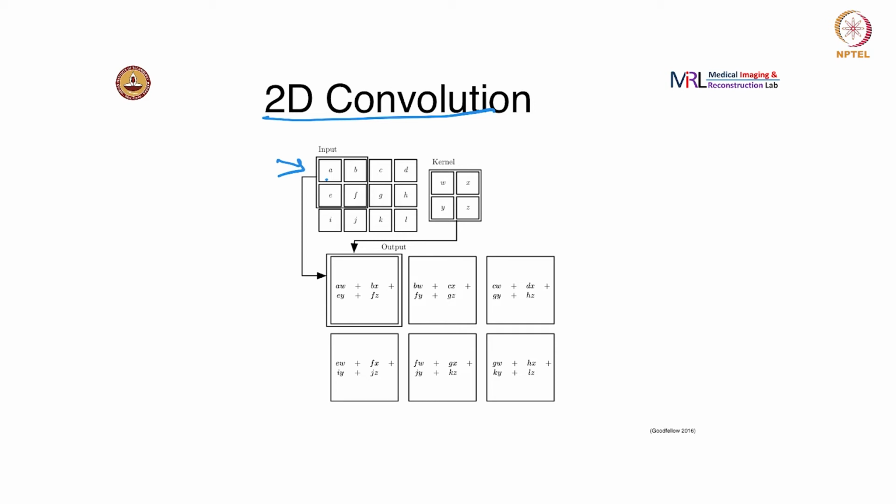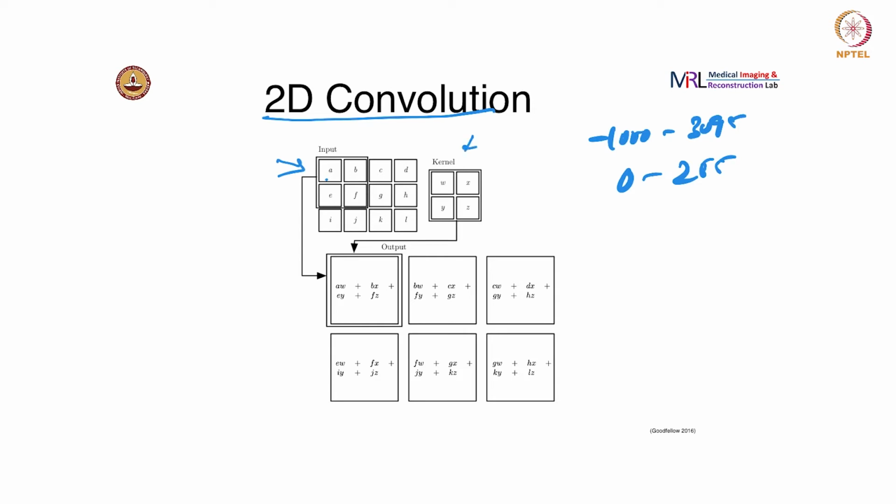Of course, if you take a picture or an image, each of these is nothing but the pixel values. We saw that for a CT image, the voxel values will go from -1000 to 3095. If you have a grayscale image, they'll go from 0 to 255. So those will be the values taken up by A, B, C, D, etc.